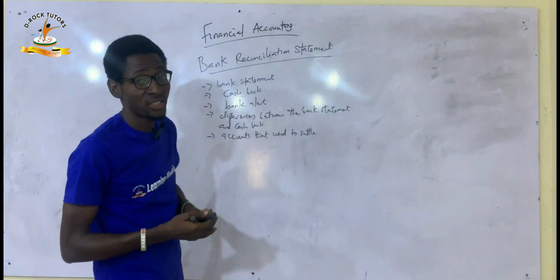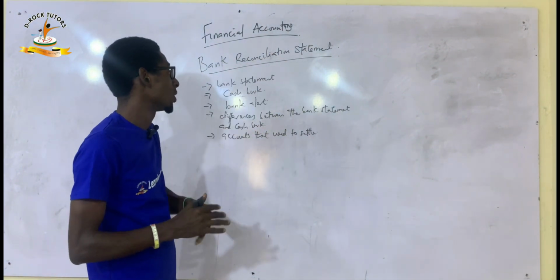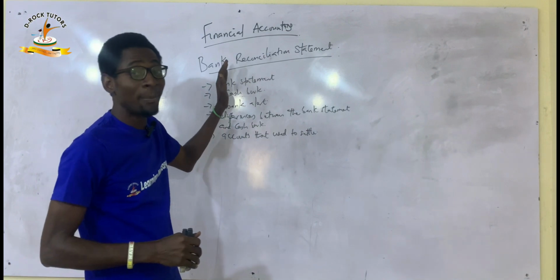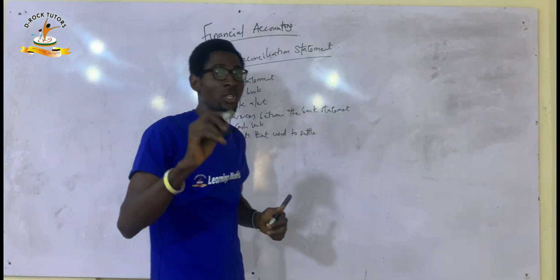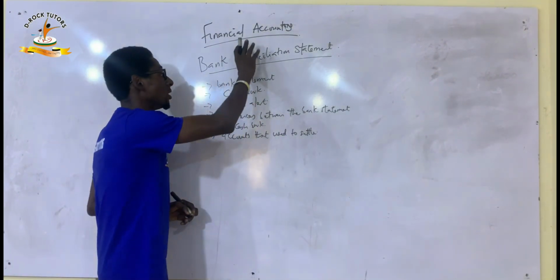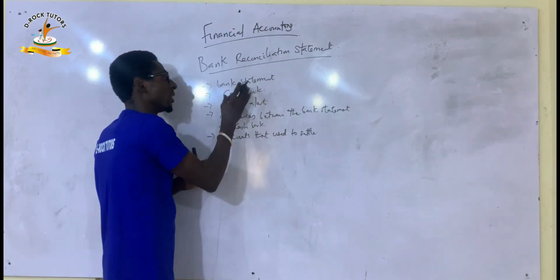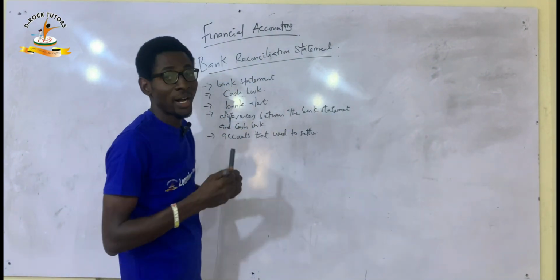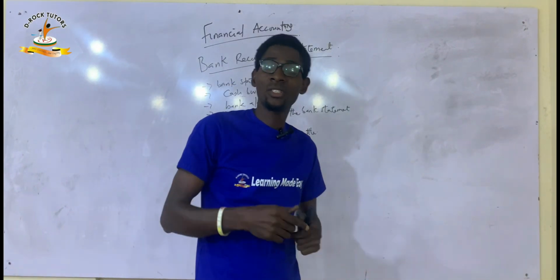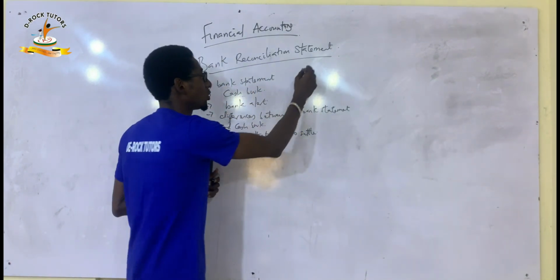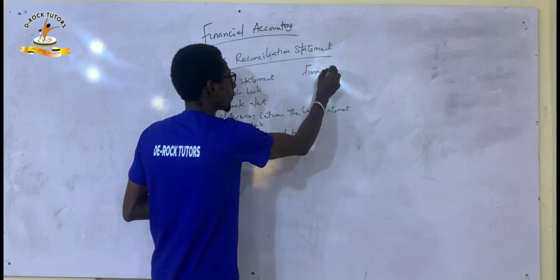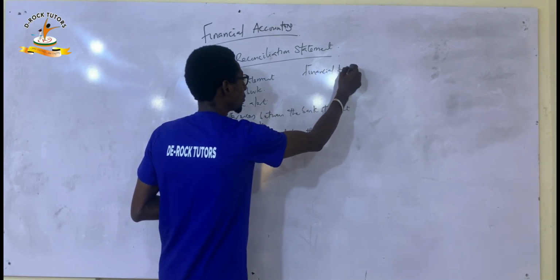For us to understand bank reconciliation statement very well, there's need for you to know what a bank statement is all about, because there are two important things in this topic, which are the bank statement and the cash book. As you all know, accounting deals with financial transactions.